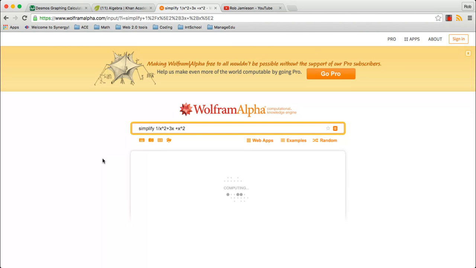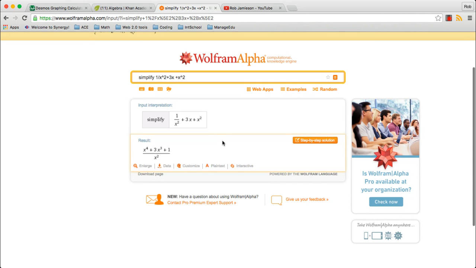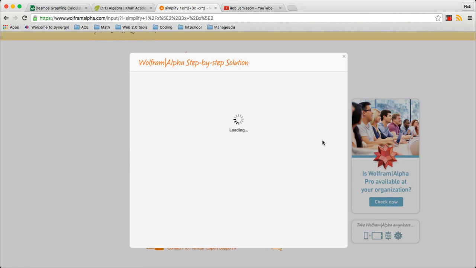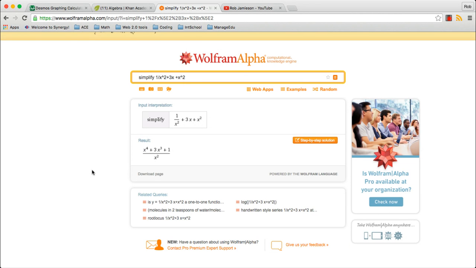And not only would it simplify this, it would show you all the steps. And now when you click on it, it doesn't, unless you pay for it. So to see all the steps, go pro now. So that costs money. I don't pay for it, but it is kind of a nice resource to see, well, what is it that I'm looking at?